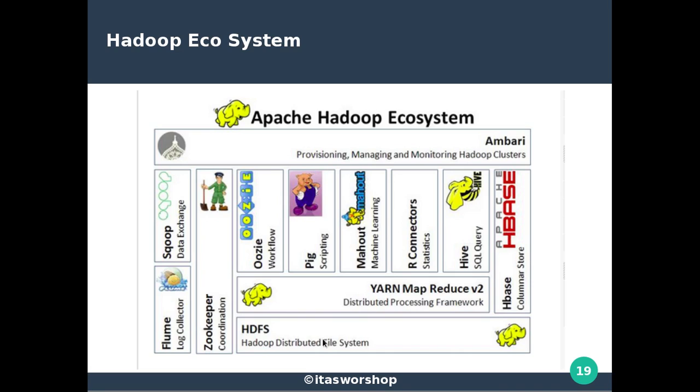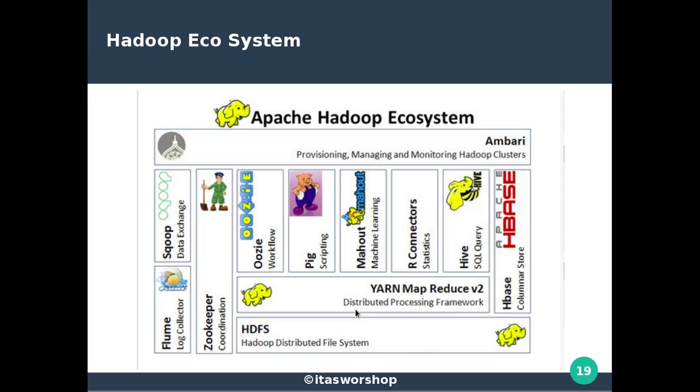First of all, HDFS is there. HDFS is a file system, Hadoop Distributed File System. On HDFS, we are using Yarn, Yet Another Resource Negotiator. Yarn is helping as a distributed processing framework, and Hadoop is not limited to batch processing.